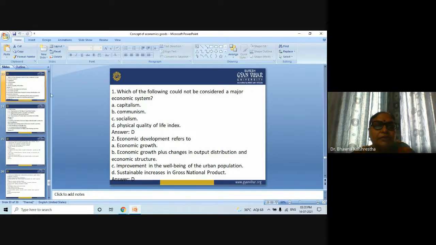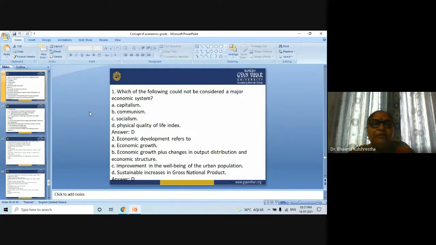First MCQ: which of the following could not be considered a major economic system? Capitalism, communism, socialism, and physical quality of life index. What is the answer?